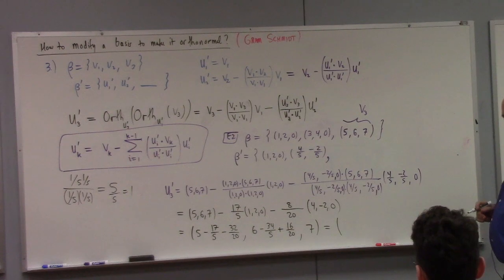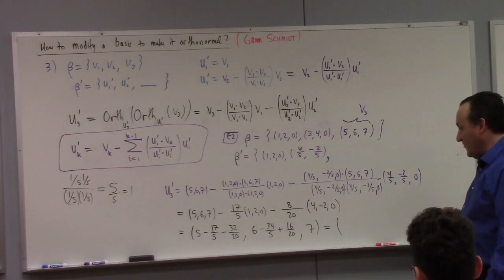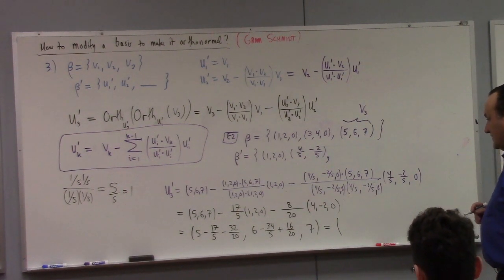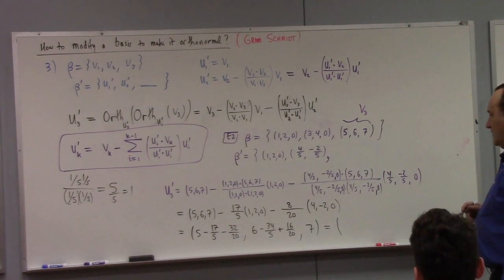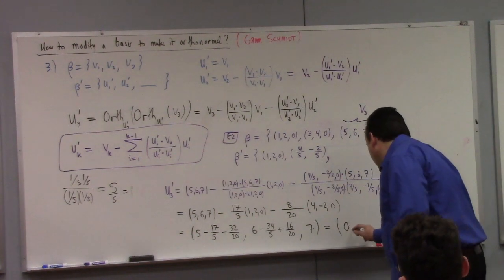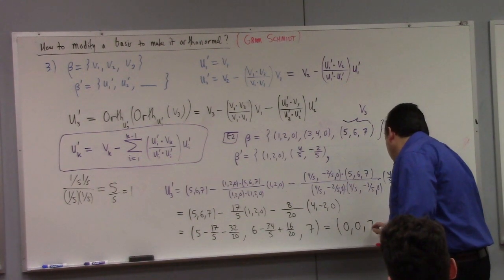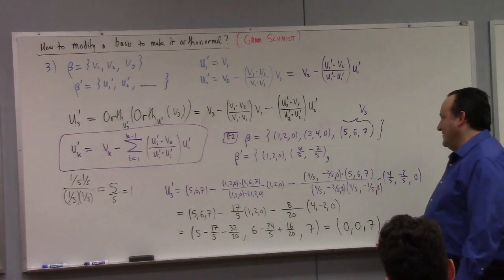Oh, 0. First one's 0? Dude, seriously? That can't be right. Really? The other one's also 0. Yeah. What? The first two have zeros for the third double-edged term. So the orthogonal is just... Sweet.